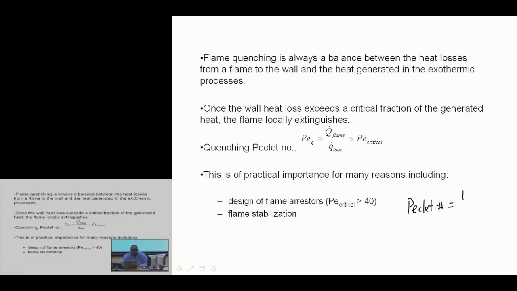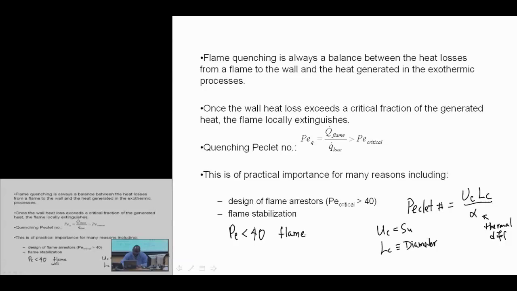And in this case, it's a thermal diffusivity. And for this problem, UC is the laminar flame speed, LC is the diameter of the channel. So it says that if this Peclet number is less than a critical value, in this case the critical value is about 40, the flame will not propagate into the channel. If it's greater than that, you've got problems.